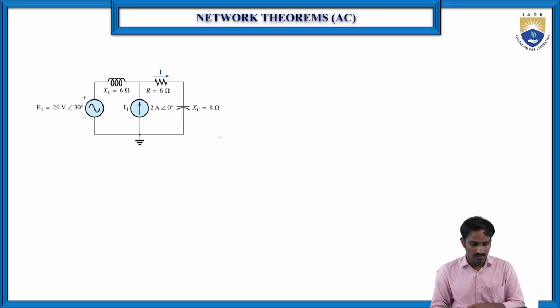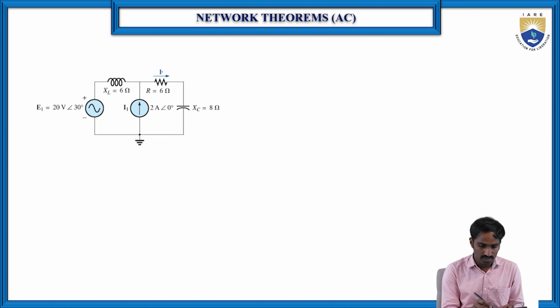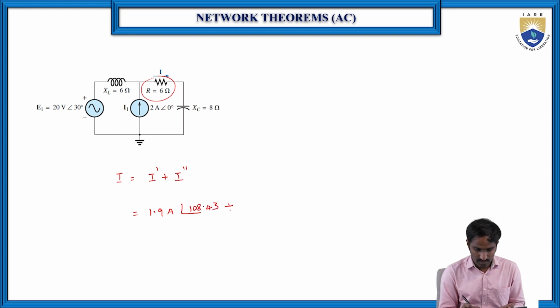Now the current flowing through this 6 ohms resistor is I equal to I dash plus I double dash. I dash that we calculated is 1.9 amperes at an angle of 108.43, plus I double dash, 3.16 amperes at an angle of 48.43 degrees.